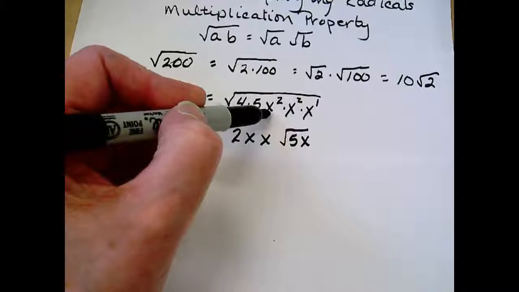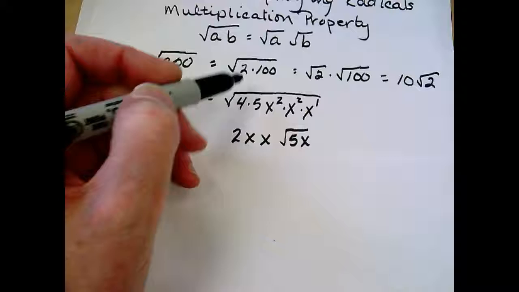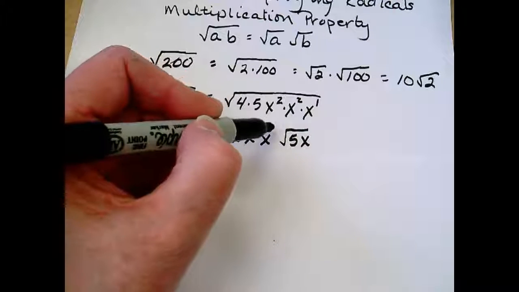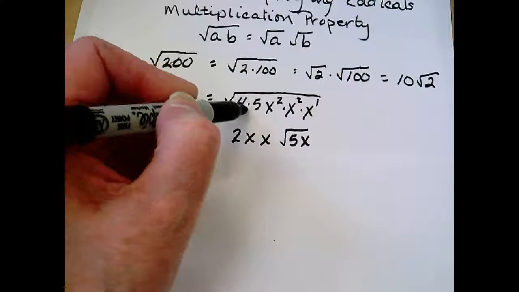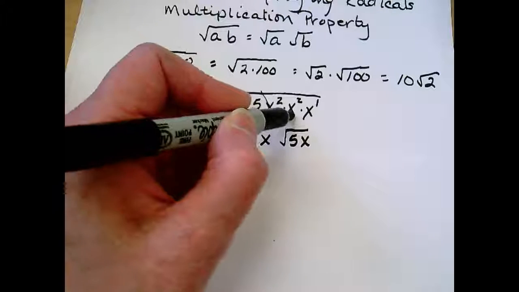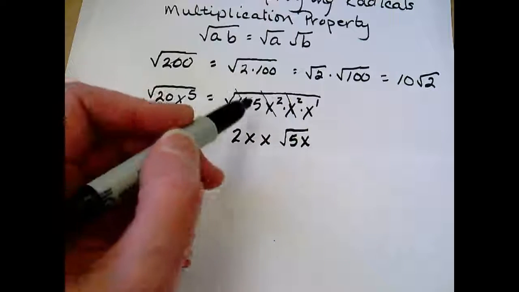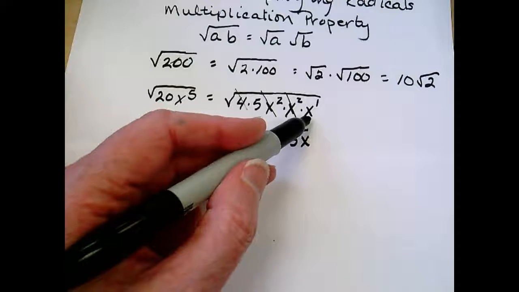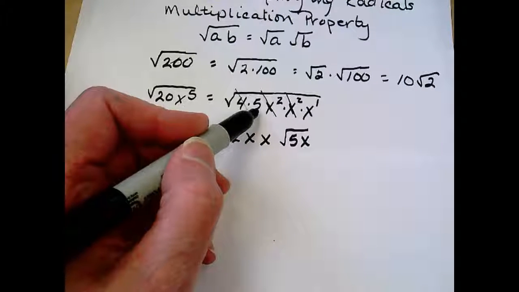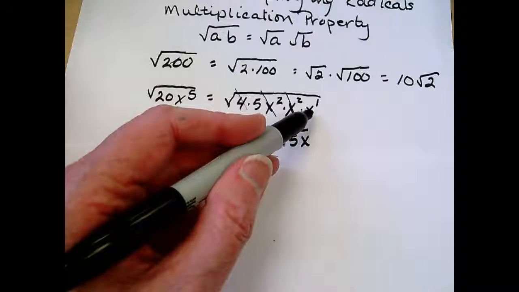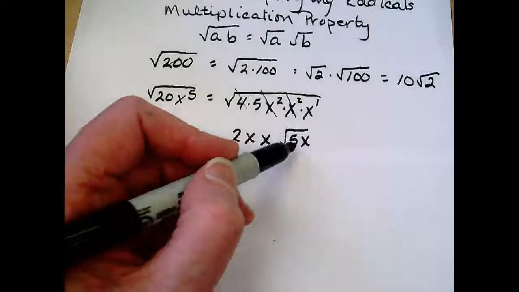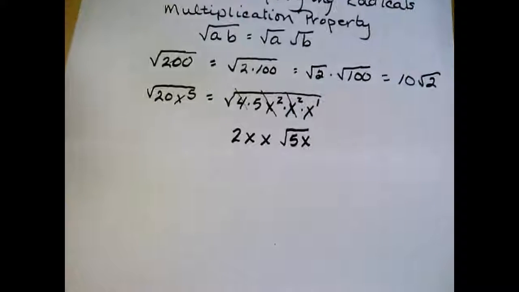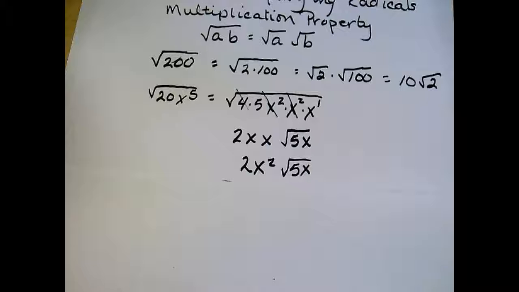Square root of x squared is x. Square root of this x squared is an x. So I've taken care of the 4, the x squared, the x squared, and the single x, and now I have 5 left and an x left. I can't take the square root of 5, and I can't take the square root of this x, so they stay under the radical sign. The numbers in front get multiplied, so I have 2x squared times the square root of 5x.